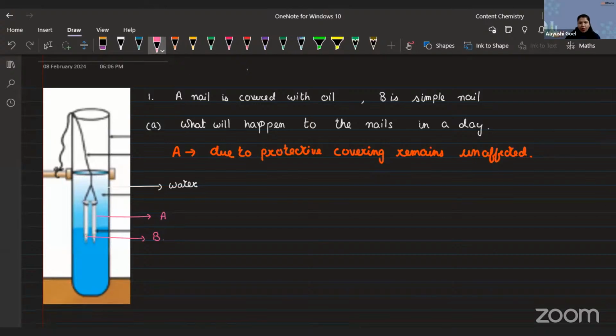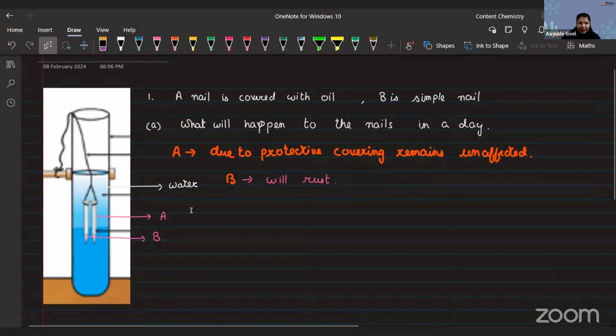And in the case of B, what will happen? B will rust. That is absolutely correct, Swayam. Is this part clear?